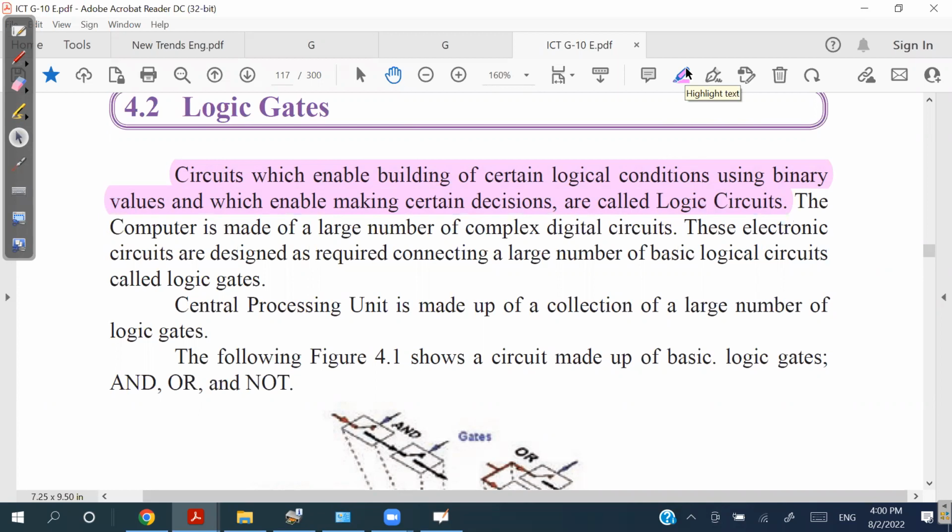Sir, should we write that thing under logic gates? No, no. It's better you write it under the main heading. It doesn't matter.